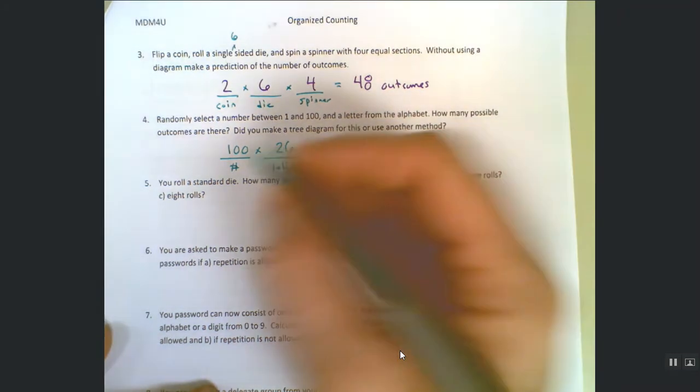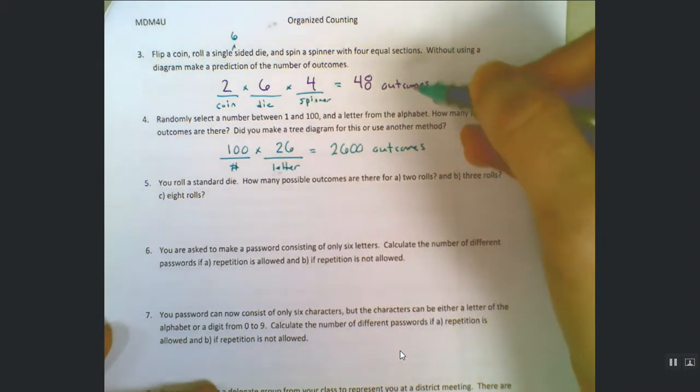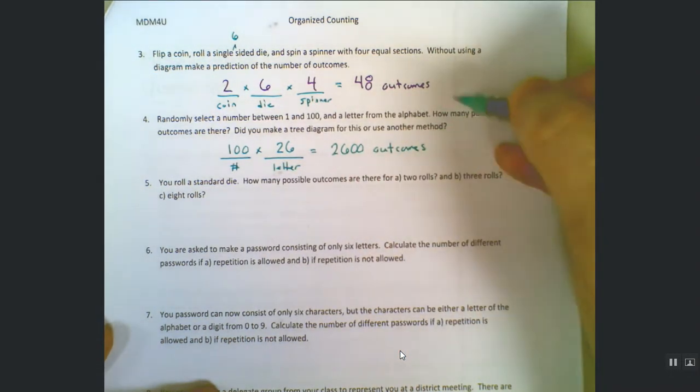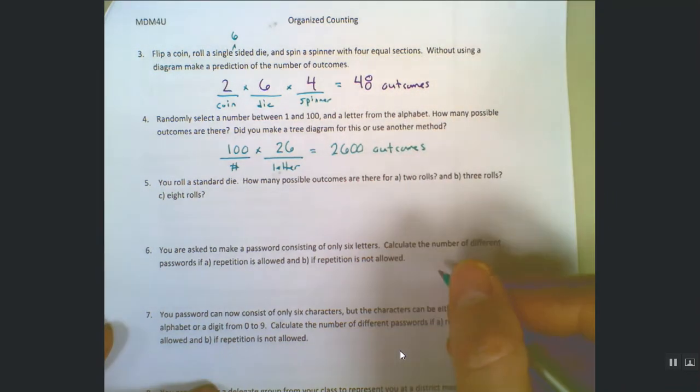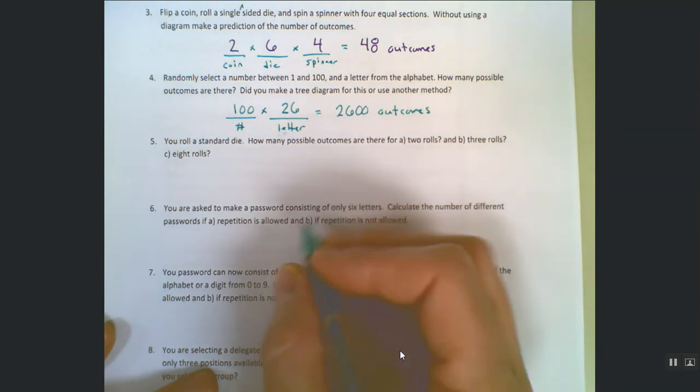Quite a few. You do not want to draw this out, drawing branch 1 with 26 coming off of it, 2 with 26 coming off of it. You'd have 2,600 branches at the end that you'd have to deal with, which would not be ideal.